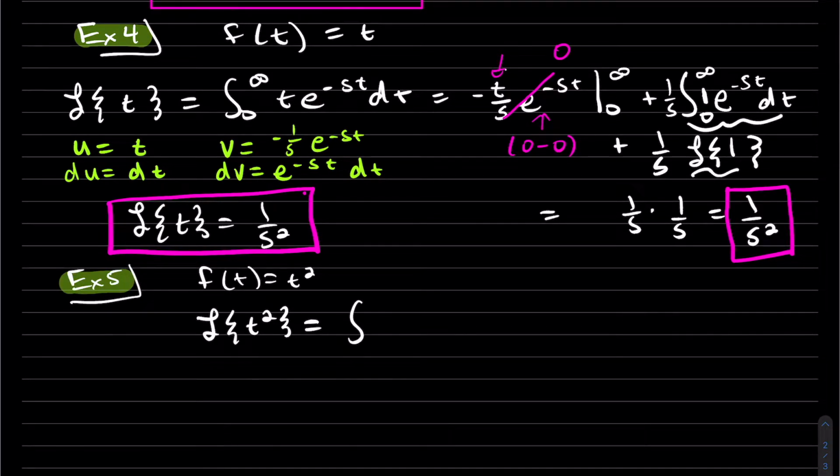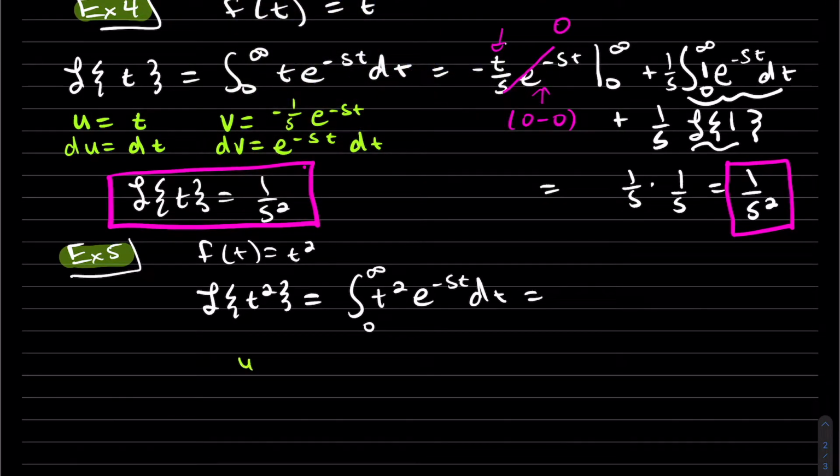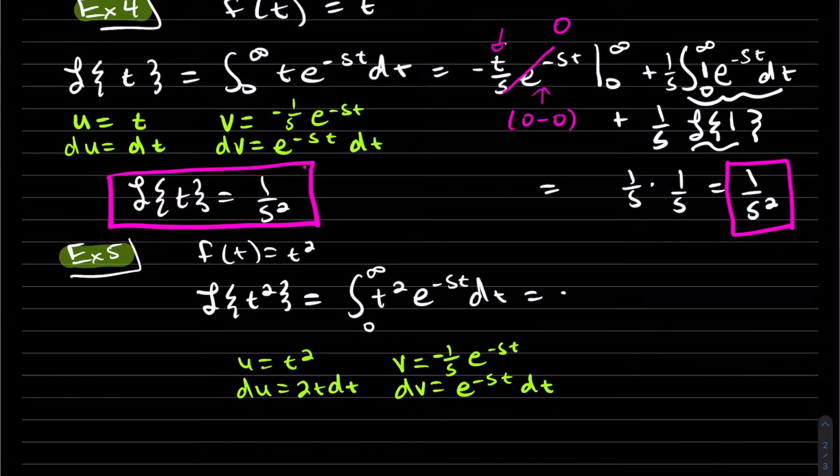So our function is t squared. There's the rest of the definition. I'll have to do this by parts. We get u times v. This becomes a plus. And the s can stay out, it's a constant.